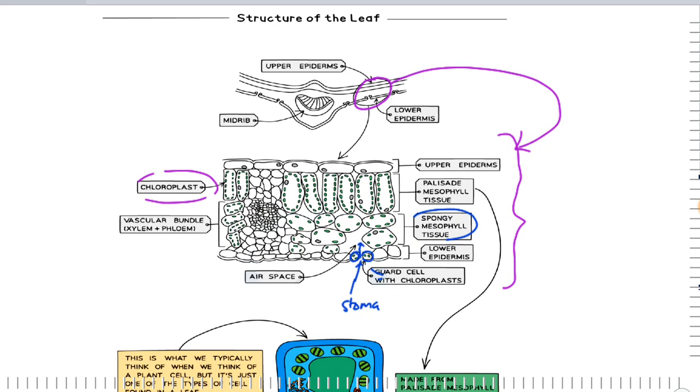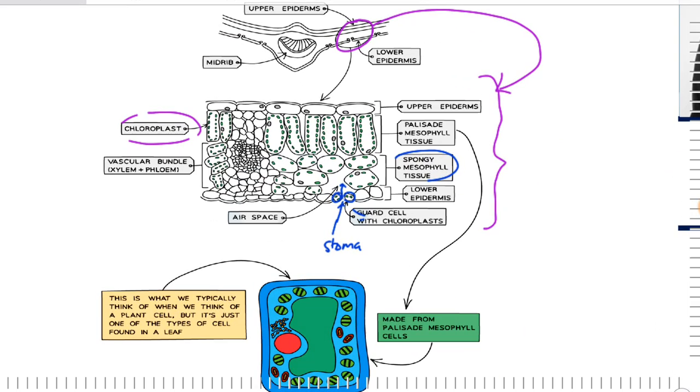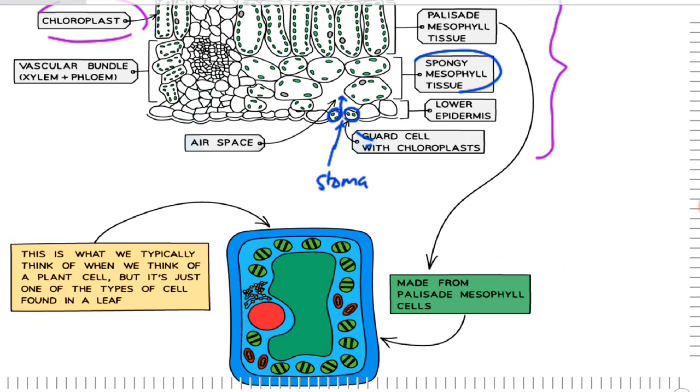And so that's it about that plant cell. So here where I highlighted the mesophyll cell, our mesophyll cell is the palisade mesophyll. We have the palisade cells, and what we just had to know is that they have numerous chloroplasts. So this is what we typically think of when we think of the plant cell, but it's just one of the types of plant cell that are found in the leaf, which means that among my plant cells there are others different from this one.